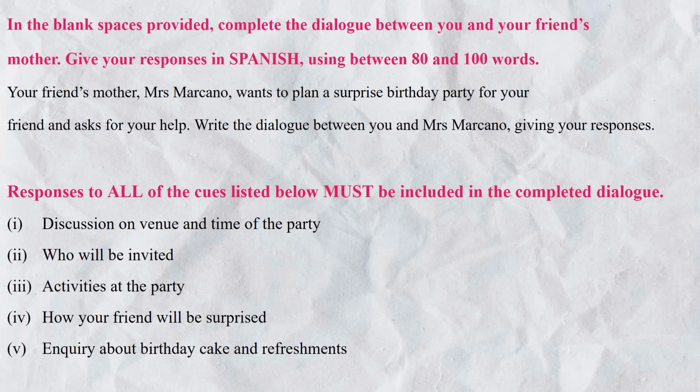Responses to all of the cues listed below must be included in the completed dialogue. Okay, so here are the cues. Number one, discussion on venue and time of the party. Number two, who will be invited?